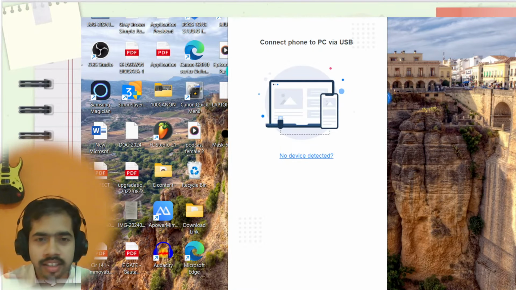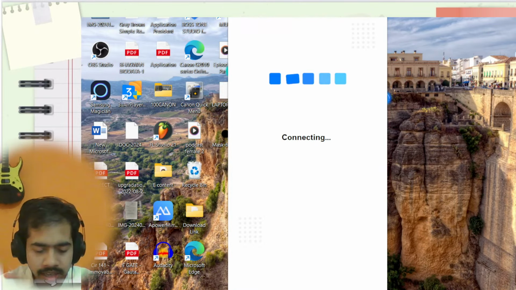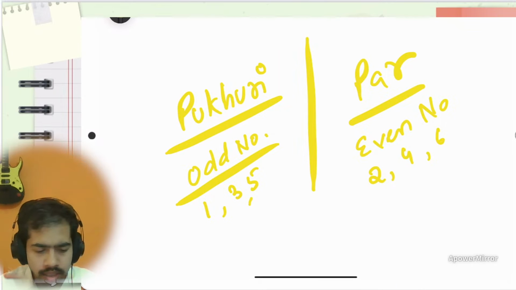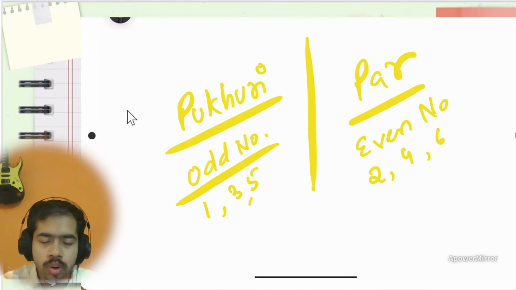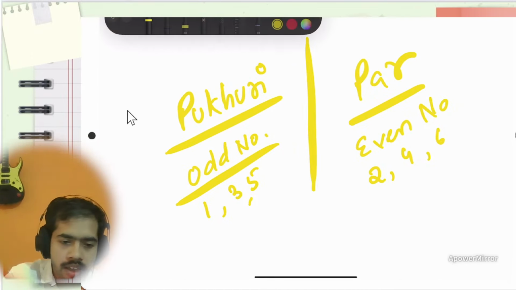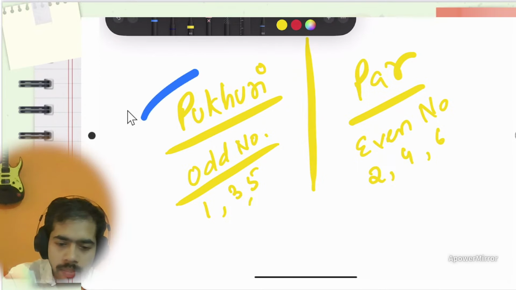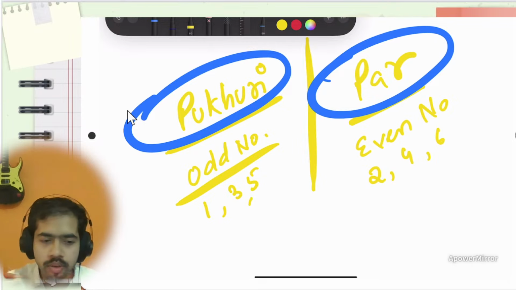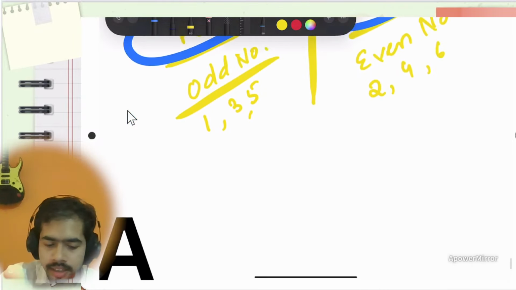I have connected my iPad with some app, that is why after 10 minutes it got disconnected. It's already visible in here. Okay, so you can do the Pukhuri Par game in this way. Odd number Pukhuri and even number Par. This is a very good idea, you can apply.